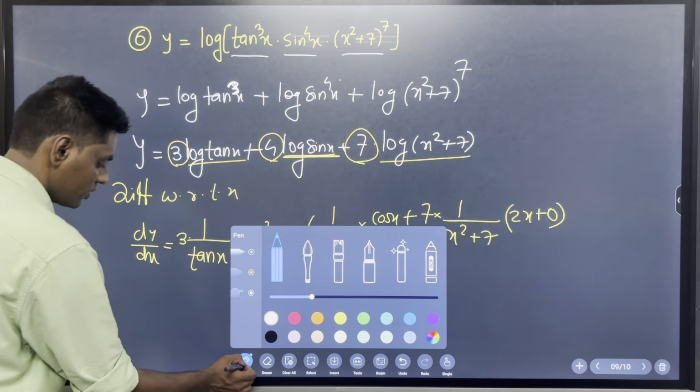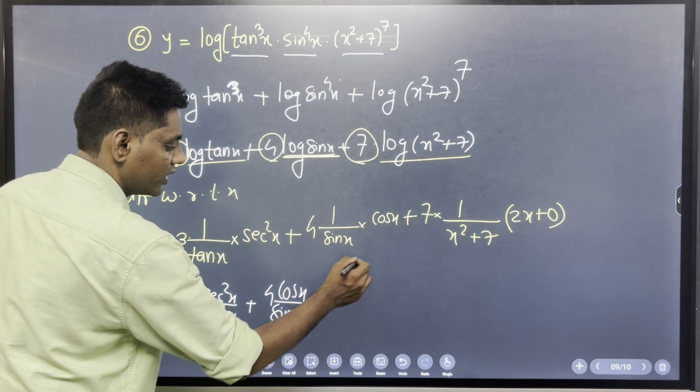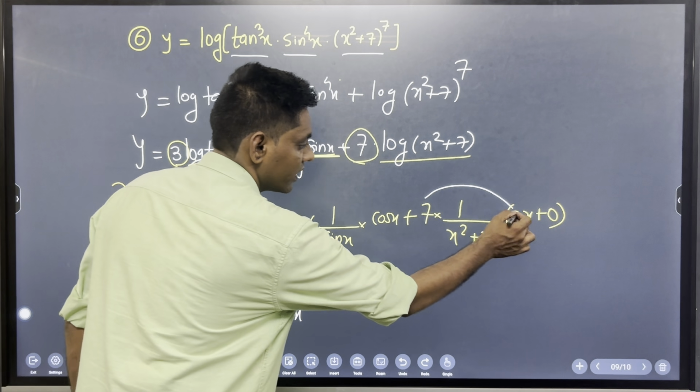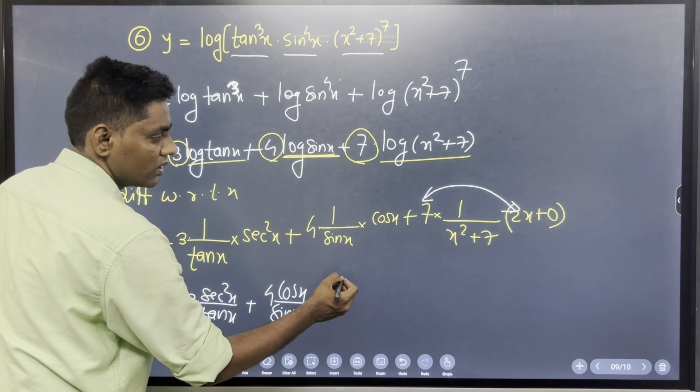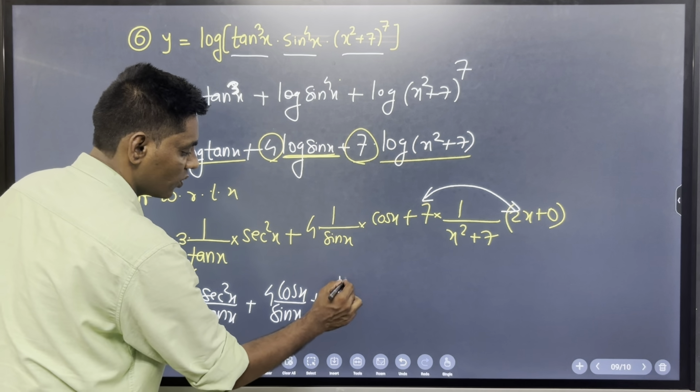Therefore dy by dx, writing all the terms, is 3 into sec square x divided by tan x, plus 4 into cos x divided by sin x, plus 7 twos are 14 times x divided by x square plus 7.